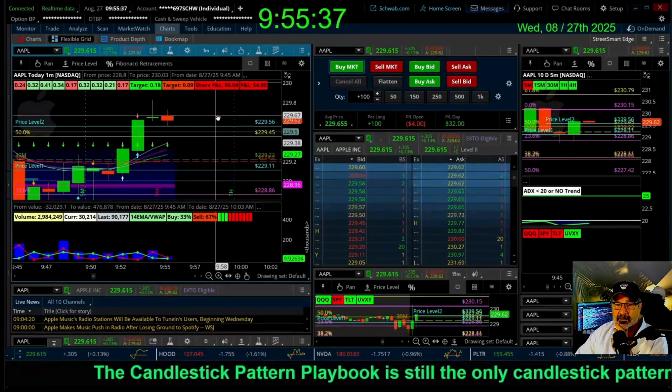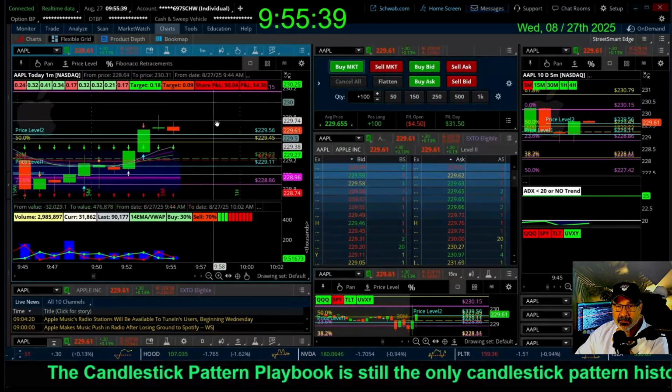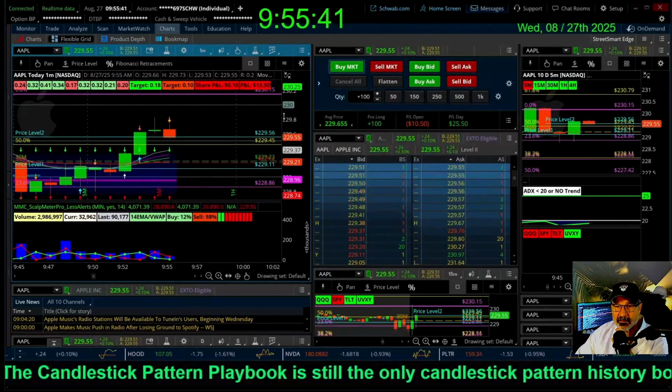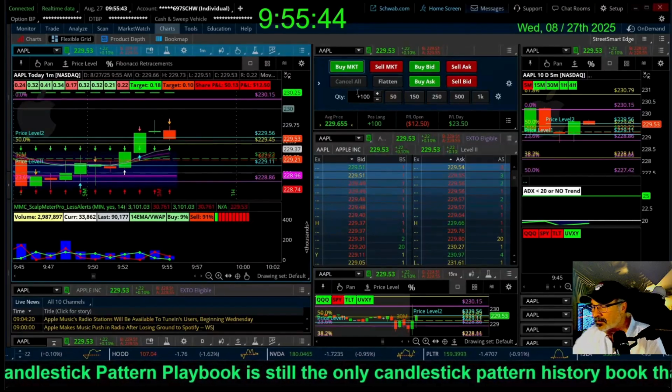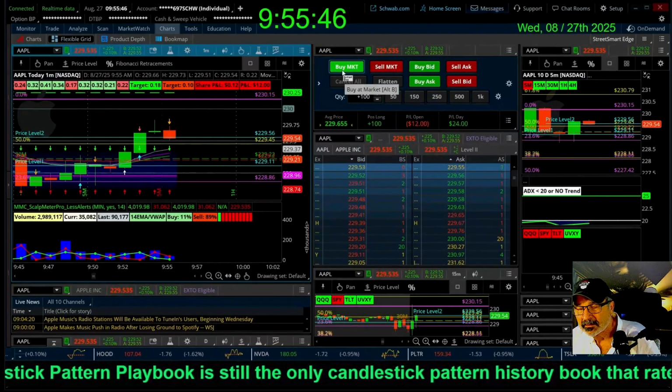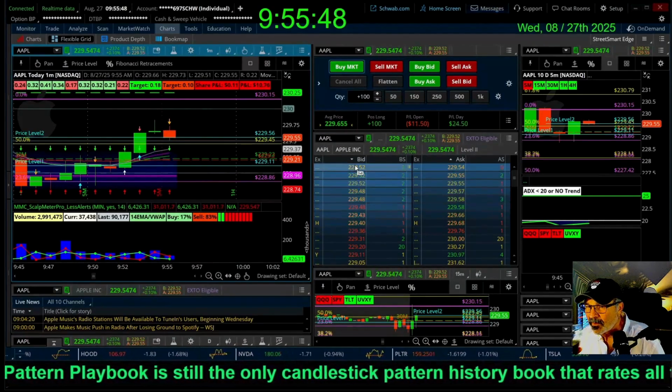Remember, stick to your max loss, guys, and then you'll be fine on your accuracy. 50 cents. I want 50 cents to absolutely stop this from going down.